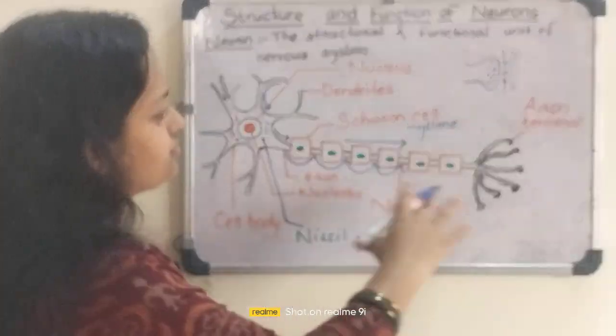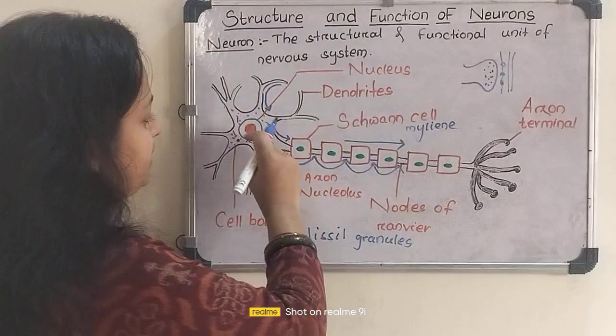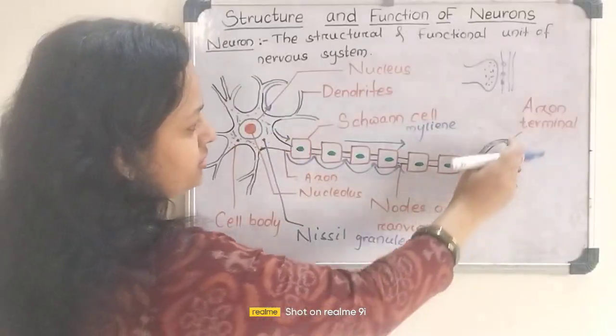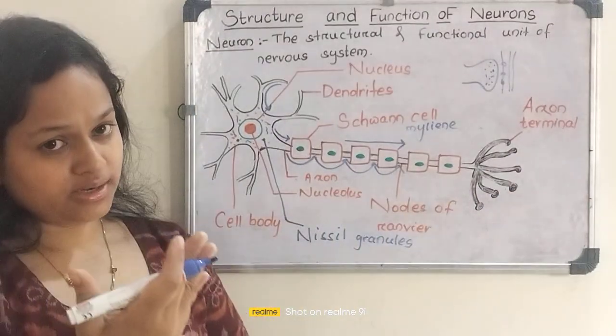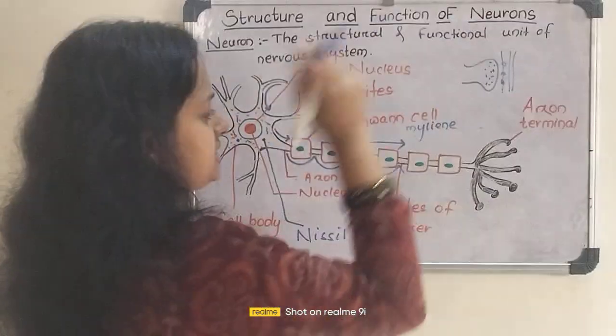So in this way, when the electrical impulse enters the dendrite, it passes through the cell body, then the axon, then through the axon terminal it passes either to another neuron or to the muscle cell.